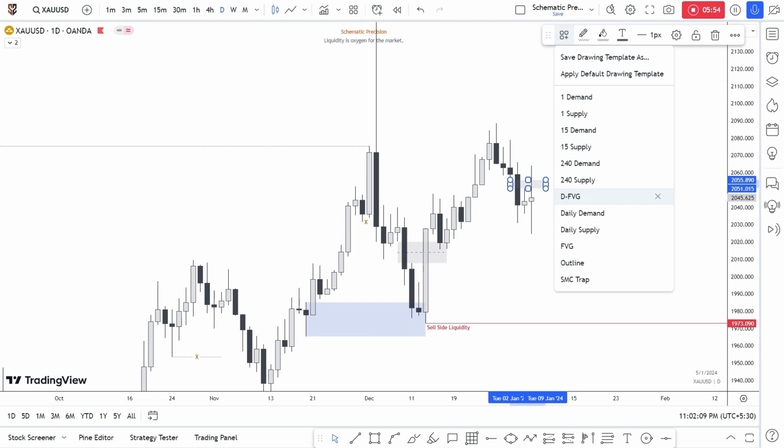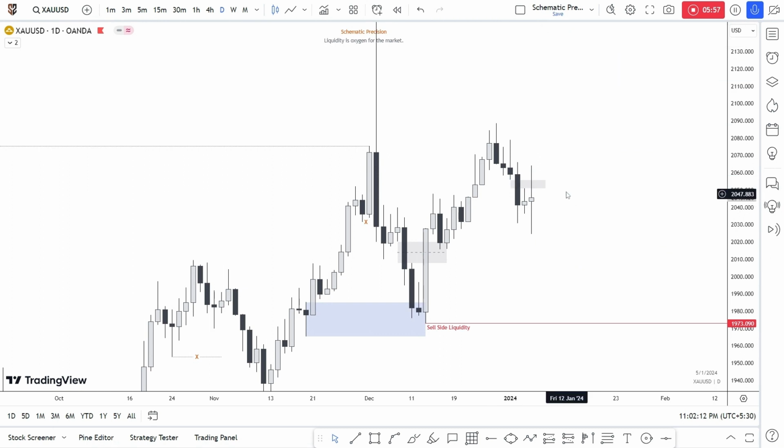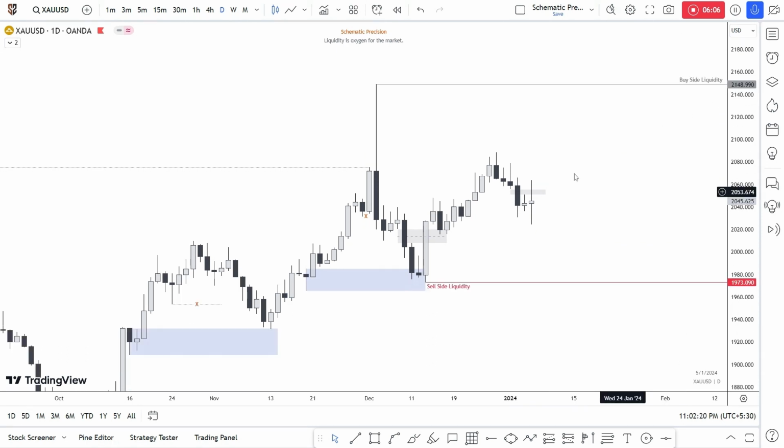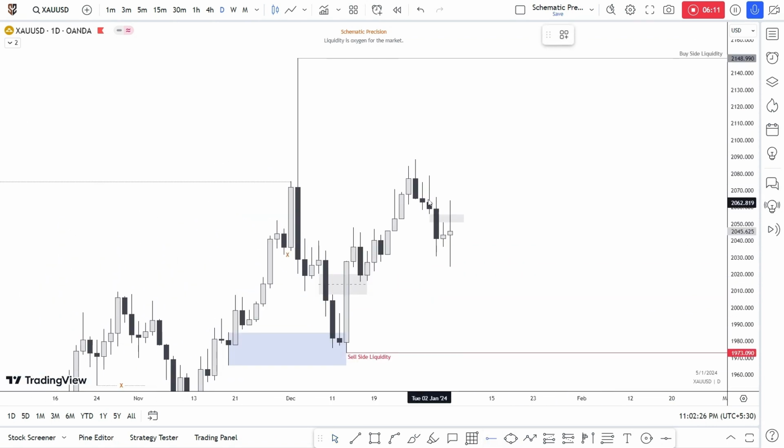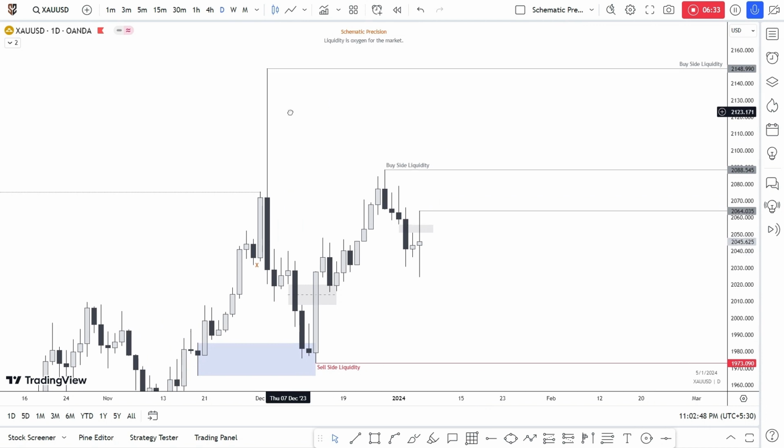We are bullish on gold on higher time frames, no doubt in that. But on the intraday, it is a little bit riskier for now to get in buys for longer terms. But looking at the 4 hour, if we close above 2064 price on 4 hour or daily levels, then we can expect price to continue higher to grab the liquidity resting at 2090 and above major liquidity sitting at 2150 dollars.